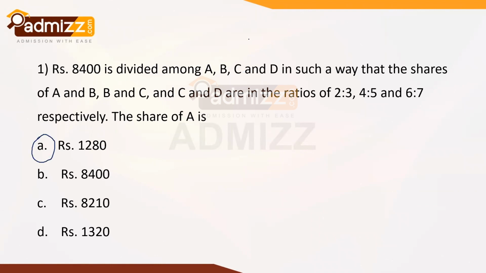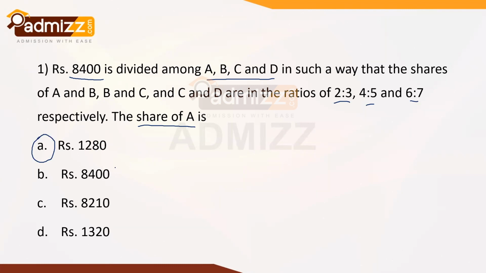But why is that the case? What we have to find in this question is the share of A. Rupees 8,400 is divided among 4 people, A, B, C, D, in such a way that the shares of A and B, B and C, and C and D are in the ratios of 2:3, 4:5, and 6:7. And we have to find the share of A. So first, let us start.